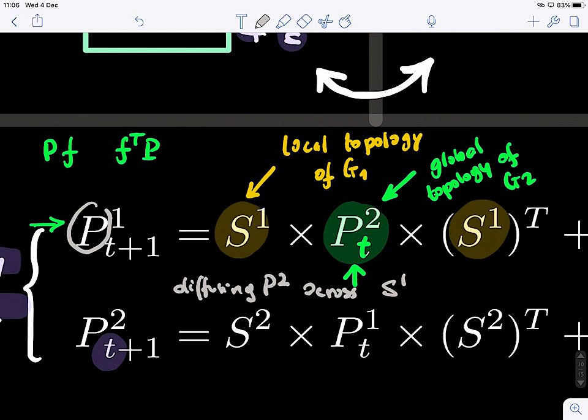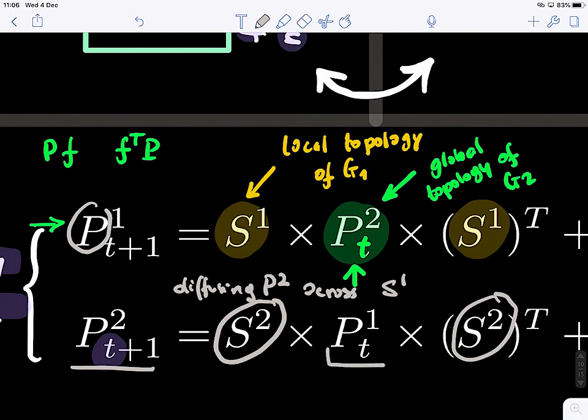So we have here the local structure of the second data set, S2, and then we are diffusing the global structure of data set 1 across data set 2, okay? So this is global being diffused across local. This is the basic idea.